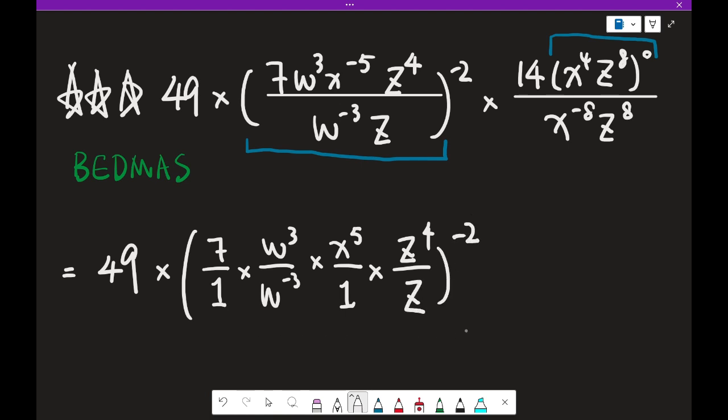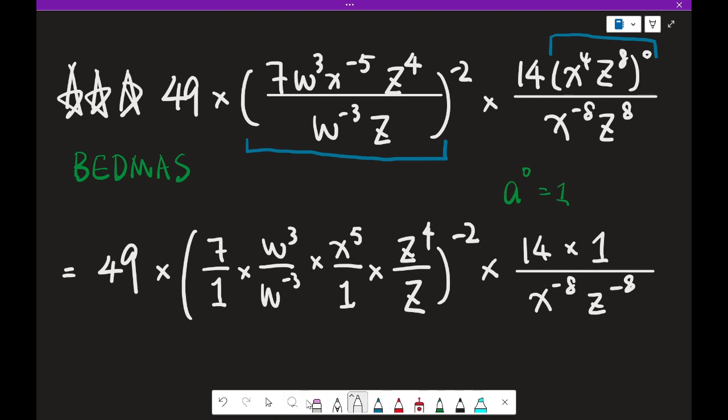And this clearly is not simplified, but we can do that in the next step. For this bracket it is fairly simple. Using the identity that any real number to the power of 0 is equal to 1, we can say that this thing is just 1. So we can say it is basically 14 times 1 over x to the power of negative 8 and z to the power of 8. Not negative 8, just 8, we leave it there.